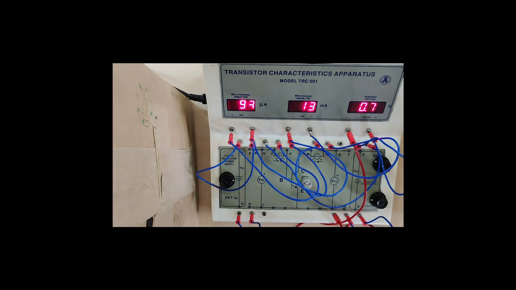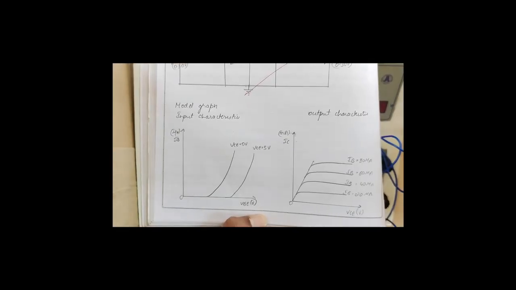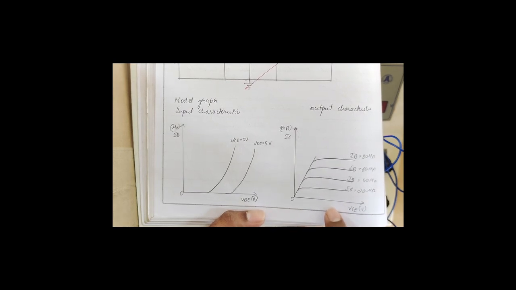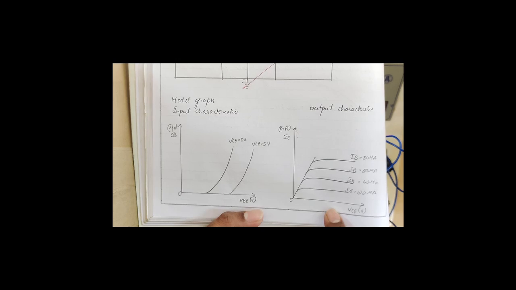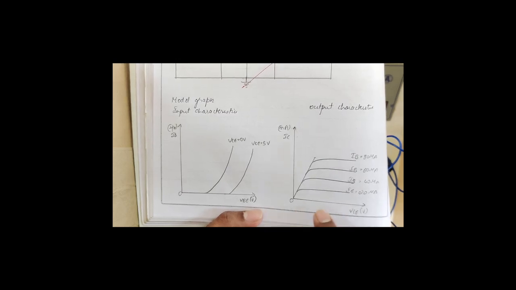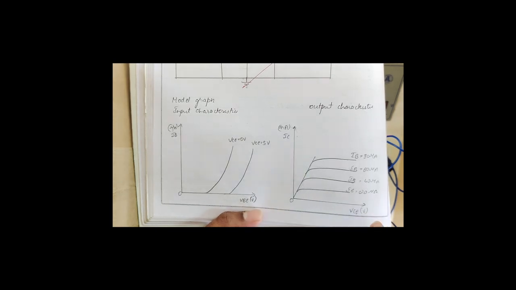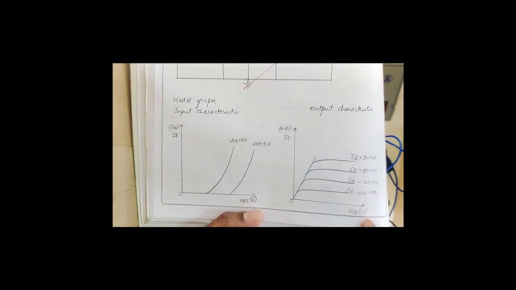Now let us look into the transistor output characteristics. Graph B basically talks about the transistor output characteristics. It is drawn by taking output current along the y-axis and output voltage along the x-axis.